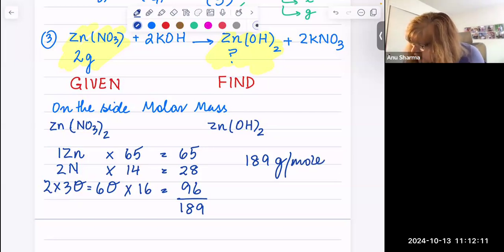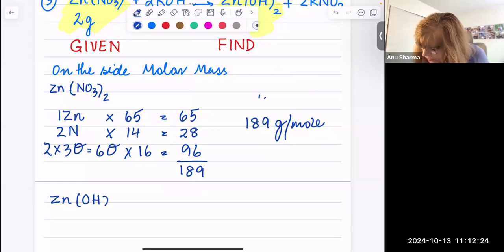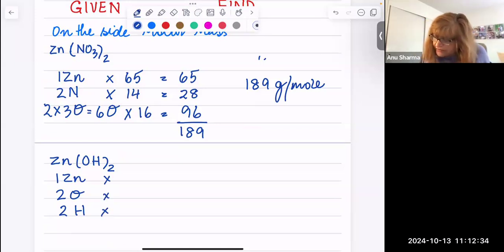Similarly, you calculate for zinc hydroxide. Put that on one side. That is zinc hydroxide. Here we have one zinc, two oxygens, and two hydrogens. One zinc is 65, oxygen is 16, and hydrogen is 1.